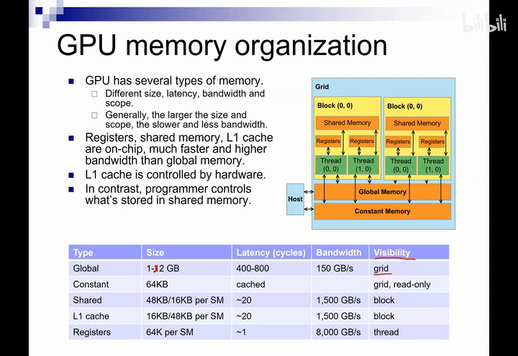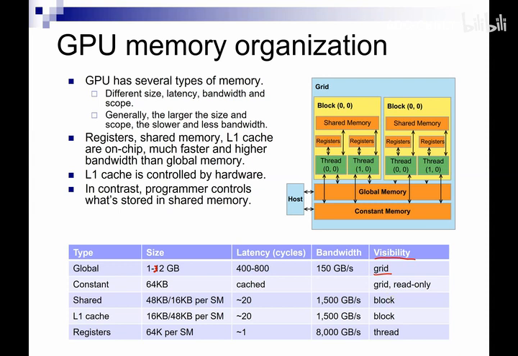Now there is a limitation here: because the shared memory is located on an SM, and because thread blocks are allocated onto SMs, the only threads which can see data from a piece of shared memory are the threads within a block. So the visibility is restricted to a block.